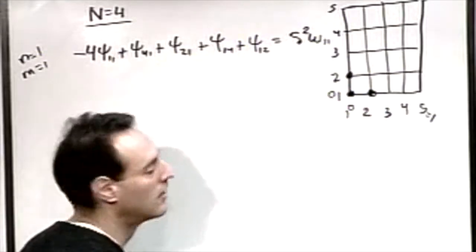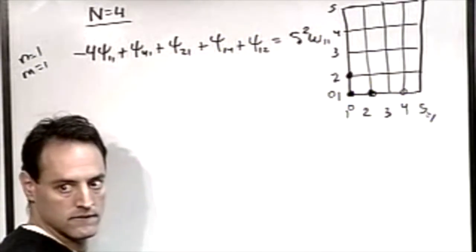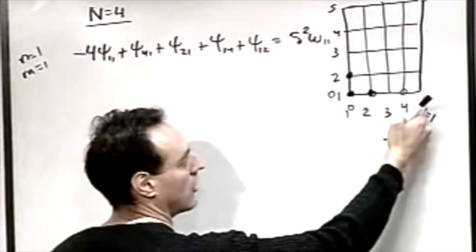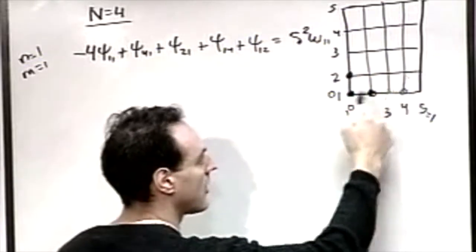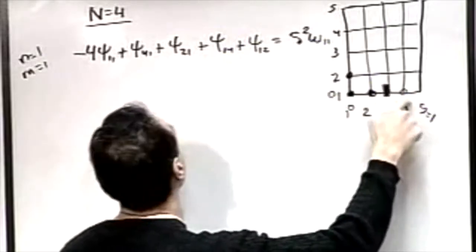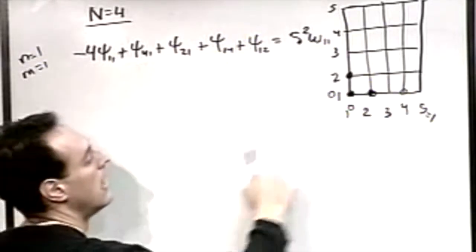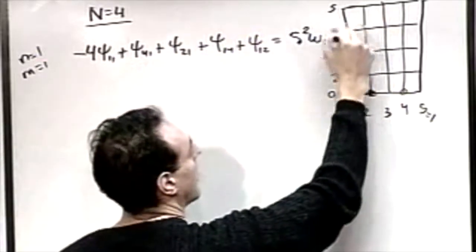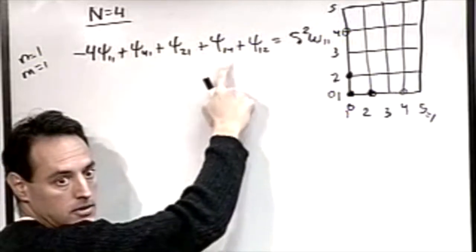But what are those points? Well, this point really is that one there, because this point is equivalent to this one. Well, what is that point? That's 4, 1. And then this point here is really that point there. It's 1, 4.